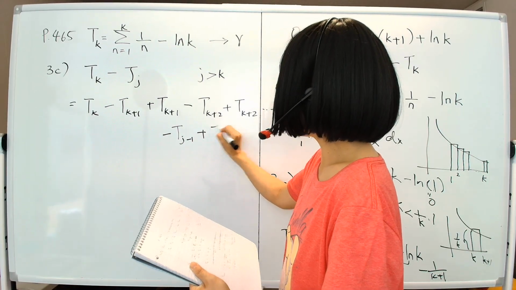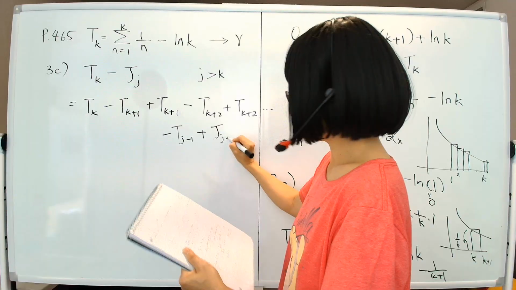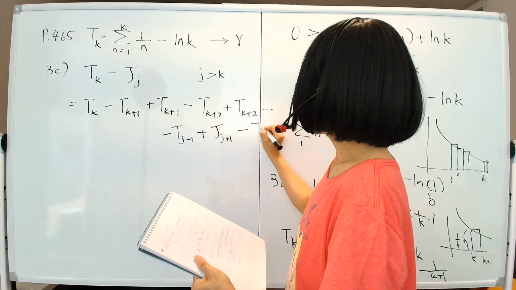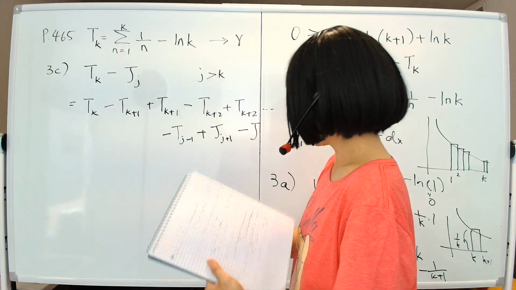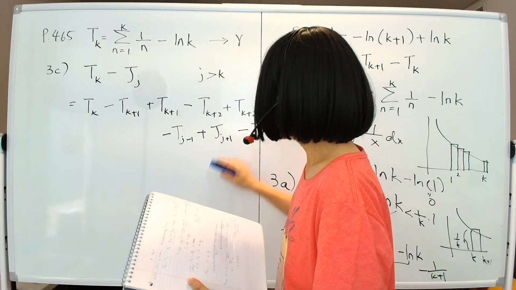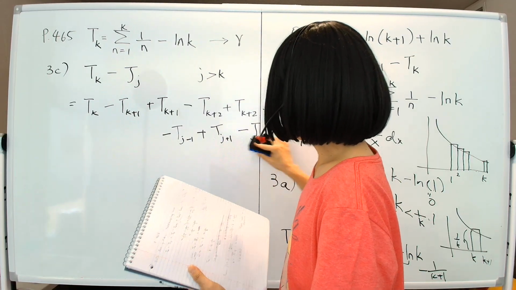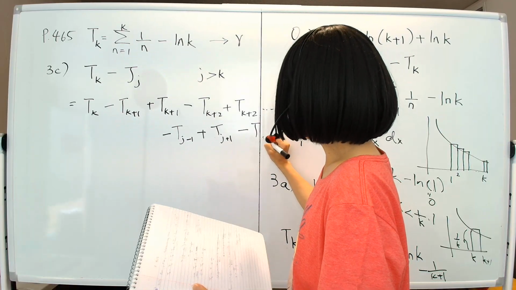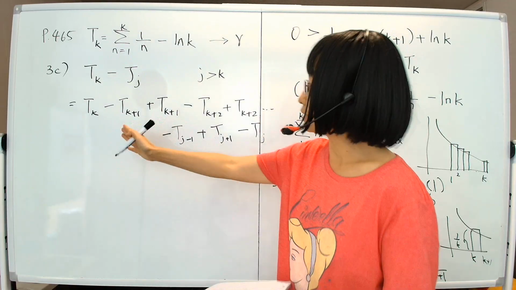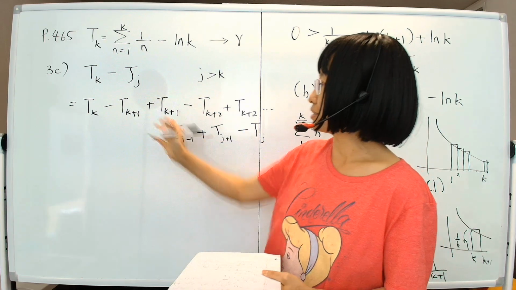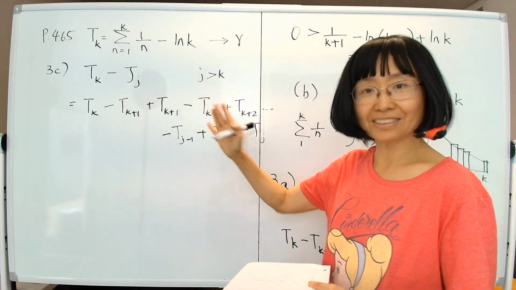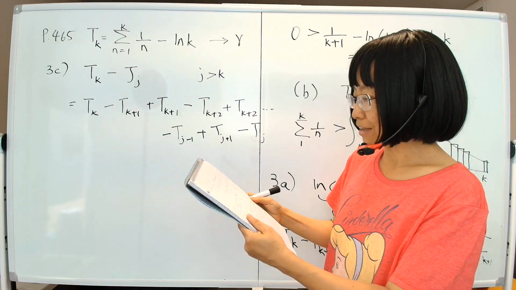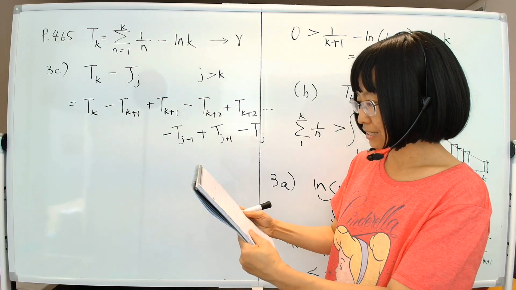Then we add t_(j-1), and finally we get to the minus t_j. I'm getting my t and j confused: this is a t, and the other thing is a j. So this is a telescoping series. Nothing's different. This is the same as that one, right? We just added and subtracted and wasted our time, but we did that for a specific cause.